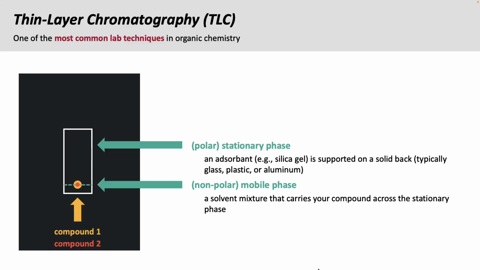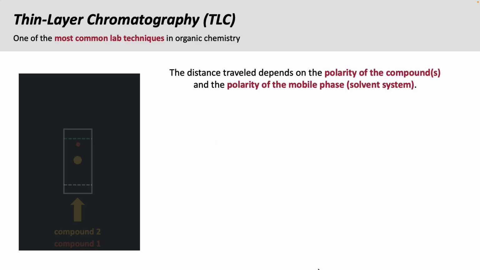In this case, TLC will use a solvent mixture that's used to then carry our compounds across the stationary phase. So as the mobile phase moves up the stationary phase, we see that our compounds get off at different points. They travel different distances across the stationary phase.